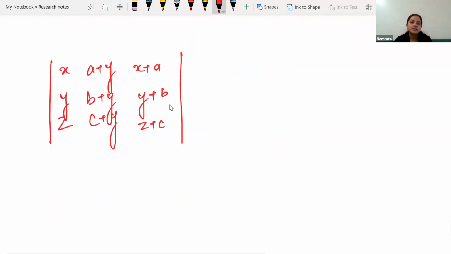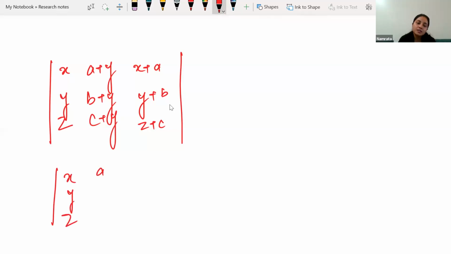We can write this as x, y, z, a plus y. For now, I am writing a plus y, b plus y, c plus y as it is. And the last column, I am going to break into two determinants. Yes, this is possible.